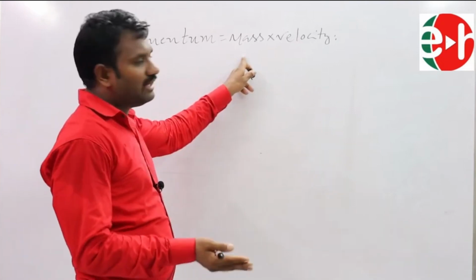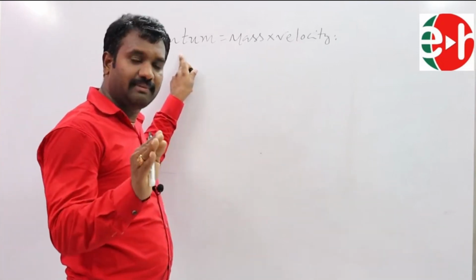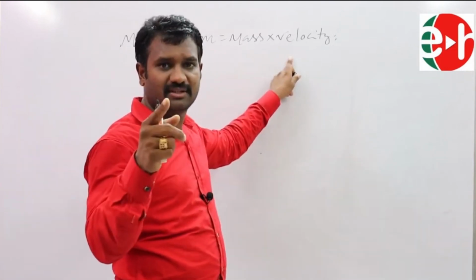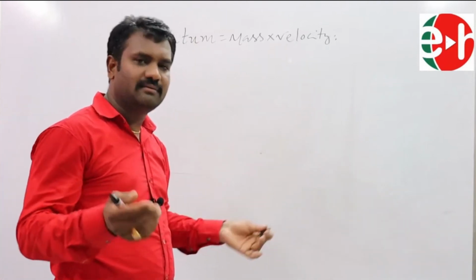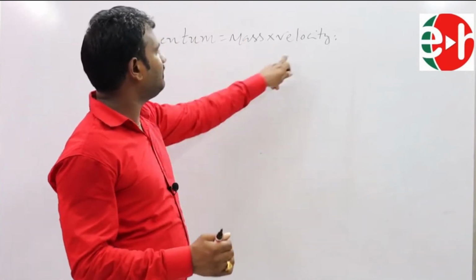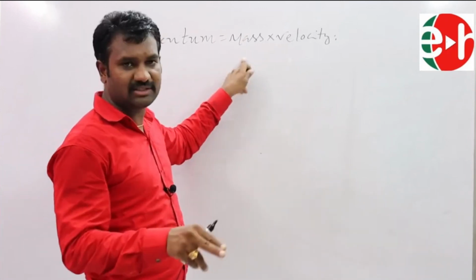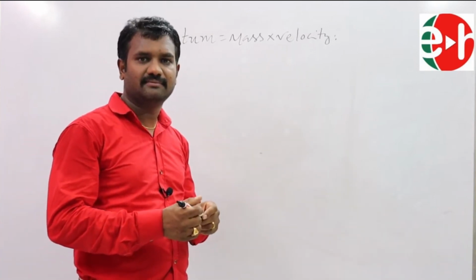If the mass of the body is increased, momentum can be increased. Or by keeping the mass, if the velocity is increased, the momentum will be increased. Or by decreasing the mass, keeping the velocity constant, momentum can be decreased. Or by keeping the mass constant, if the velocity is decreased, momentum can be decreased.